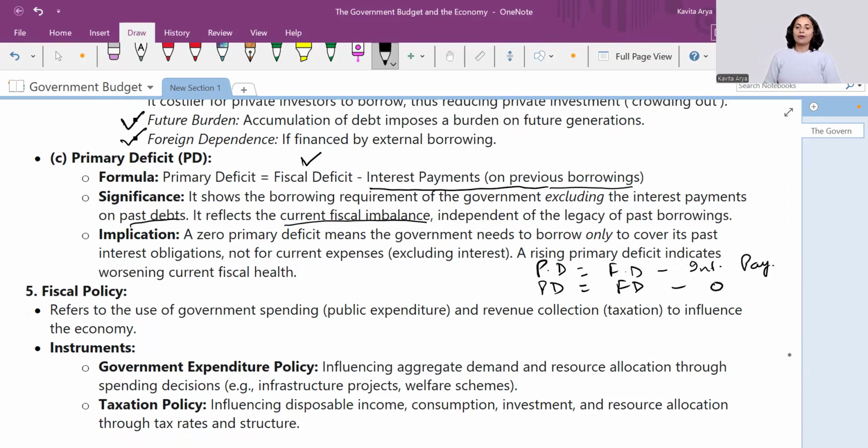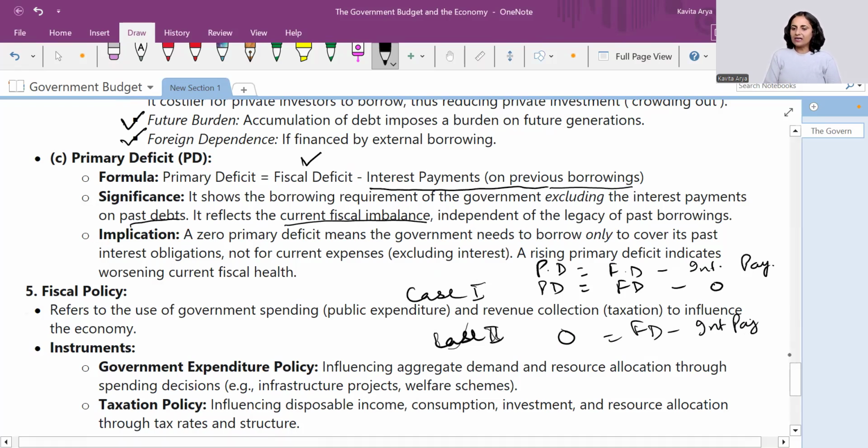Right. Now, let's take another example. Case two, where we have no primary deficit. No primary deficit means fiscal deficit minus interest payments is zero. And what does it mean? It means the fiscal deficit is nothing but the interest payments.